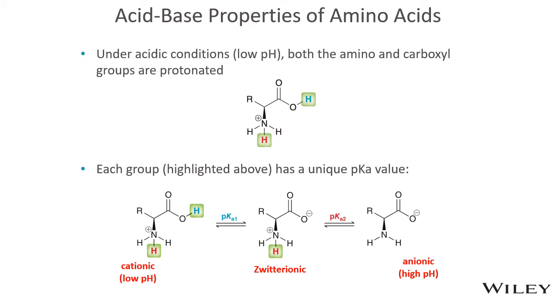Now, we learned in previous chapters that our carboxylic acids and our ammonium ions have specific pKa values. So a carboxylic acid has a value of around 4.75. Our ammonium ions have values of about 9 to 11.